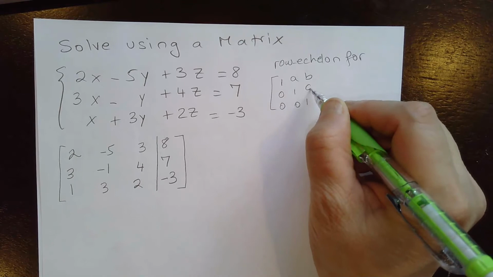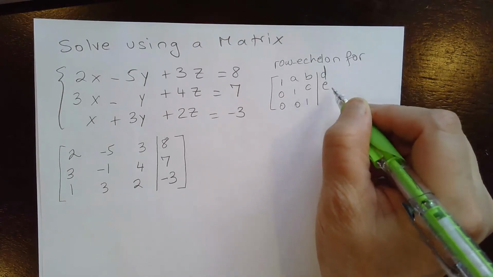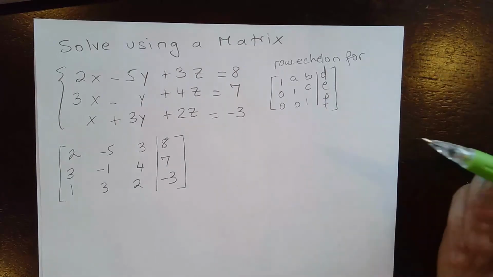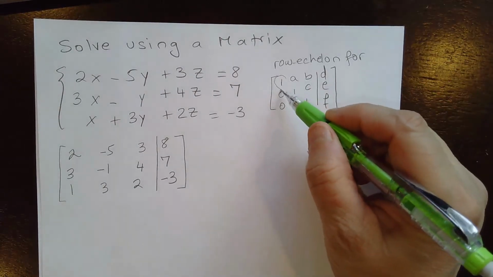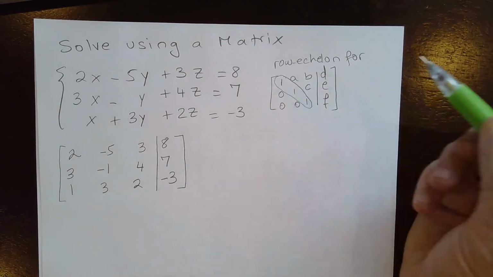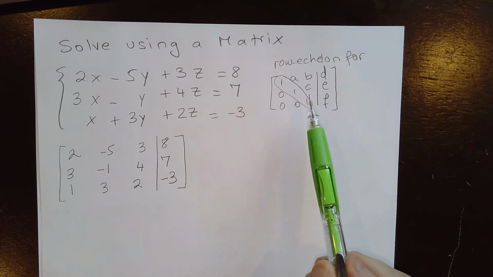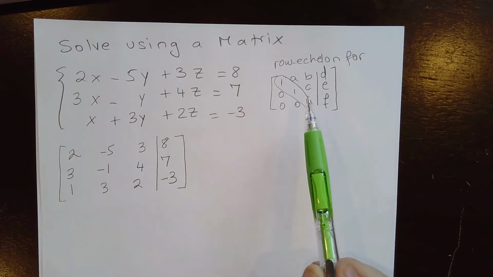And here you have A, B, C, D, E, F would be real numbers. This is a diagonal, all ones. So we need to transform this augmented matrix into a matrix that looks like this using row operations.